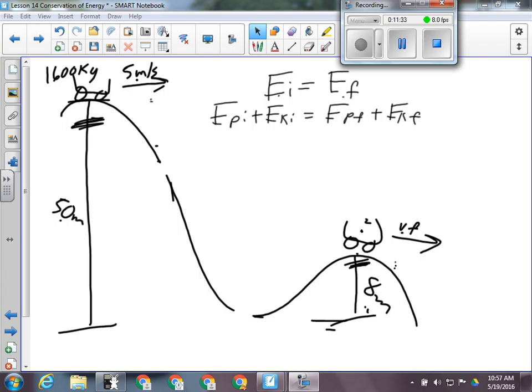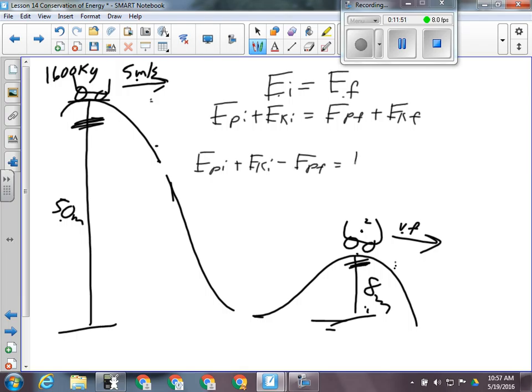So really what I'm saying is the mechanical energy minus the potential energy equals the kinetic energy, in this case the final kinetic. That's all I'm saying when I do this. So I'm going to have EP initial plus EK initial minus EP final equals EK final. Now I'm going to plug in my formulas.